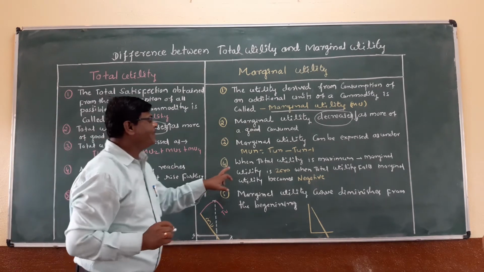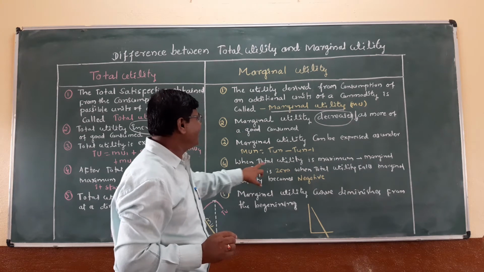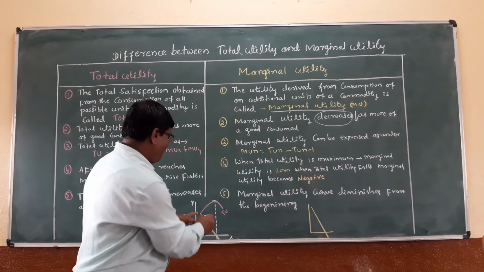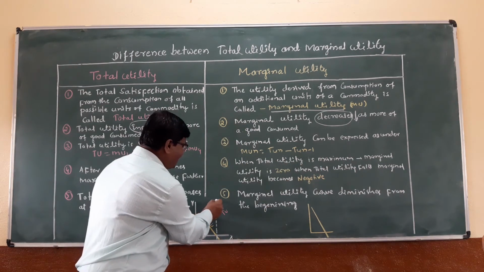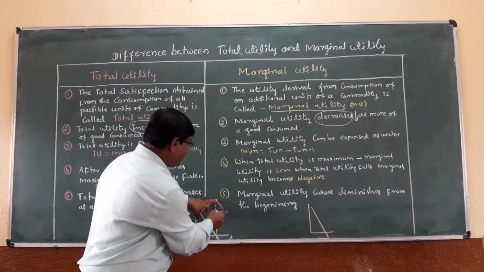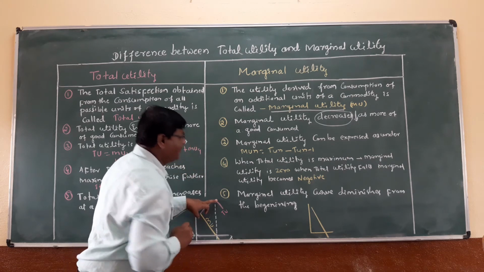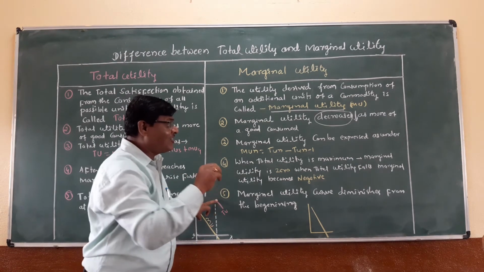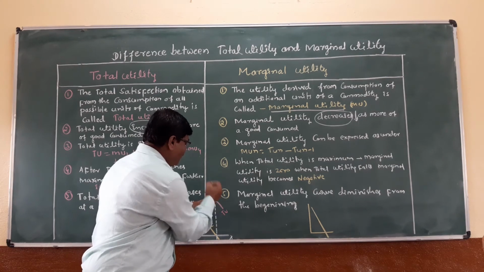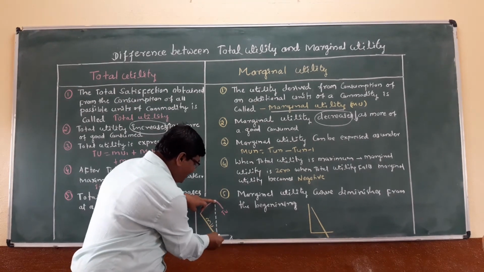And in the case of marginal utility, when total utility is maximum, marginal utility is 0.